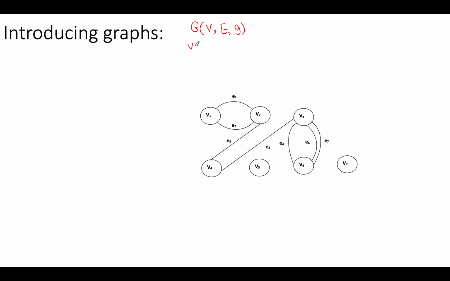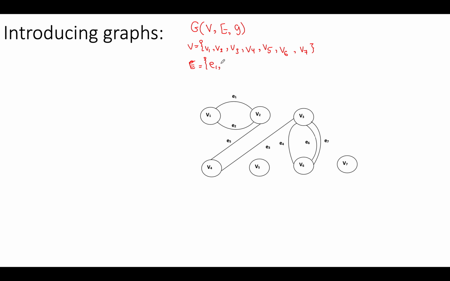The vertices in this graph are V1, V2, V3, V4, V5, V6, and V7.